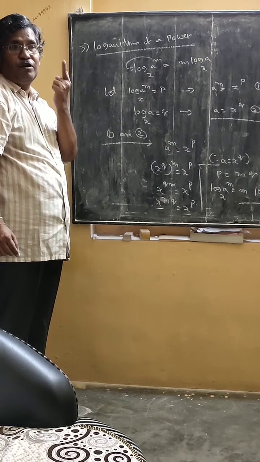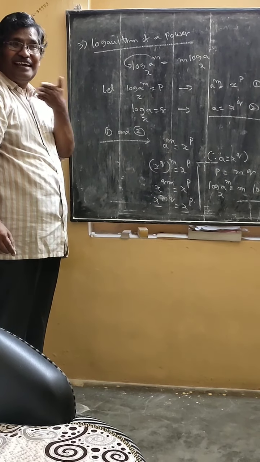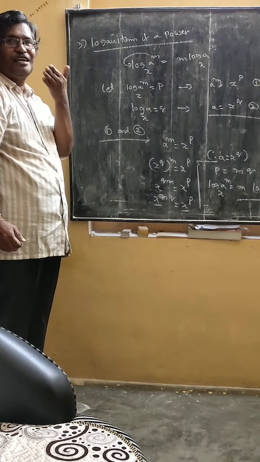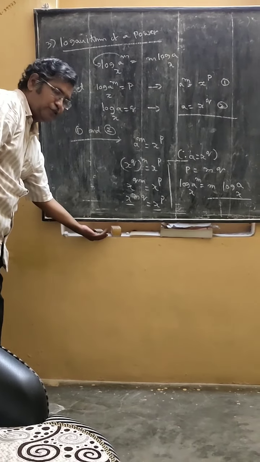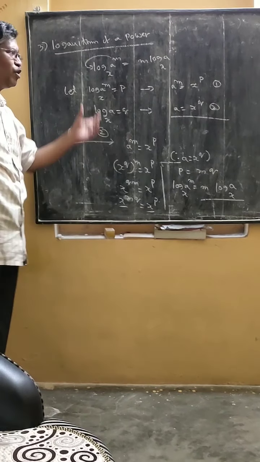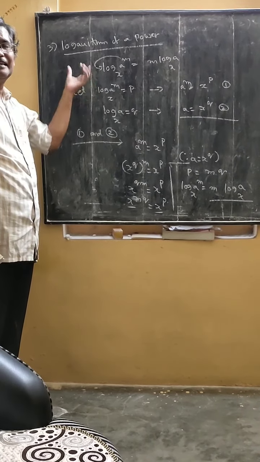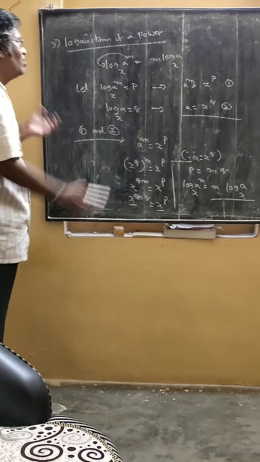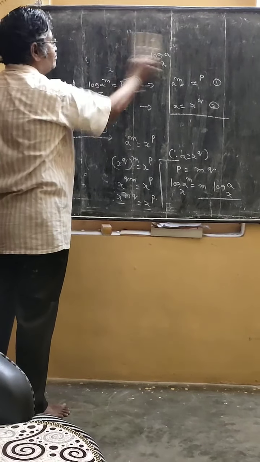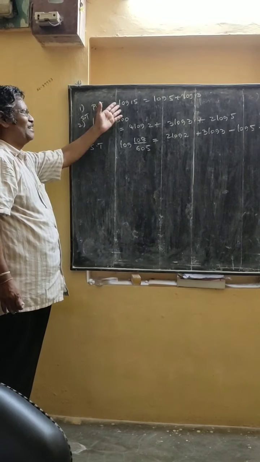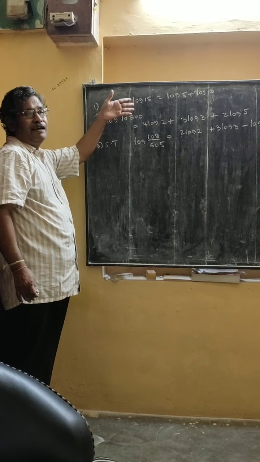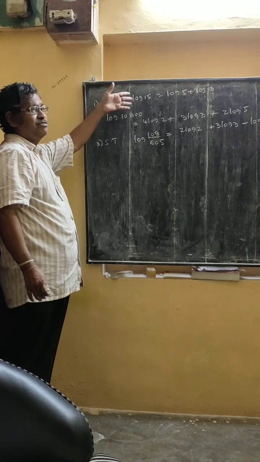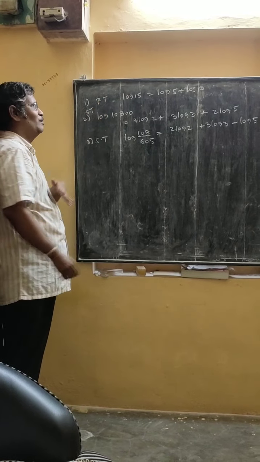In addition, I want to explain one more formula, changing the base of a logarithm, that we will discuss tomorrow. Today let us see three small problems in connection with these three laws of logarithms.